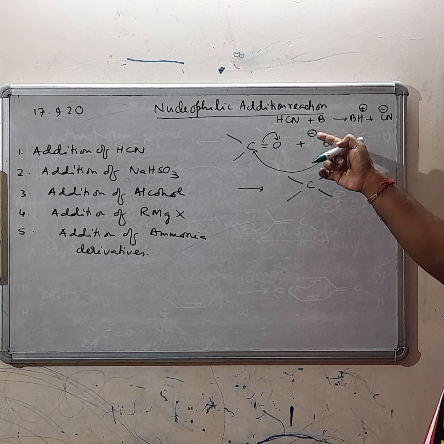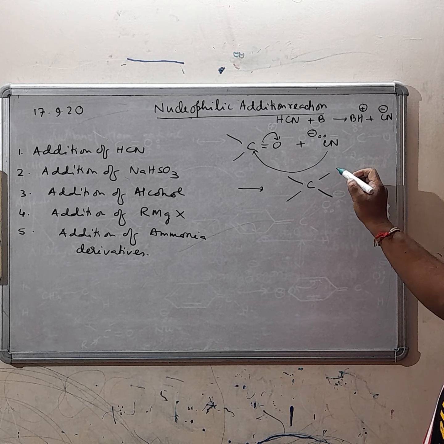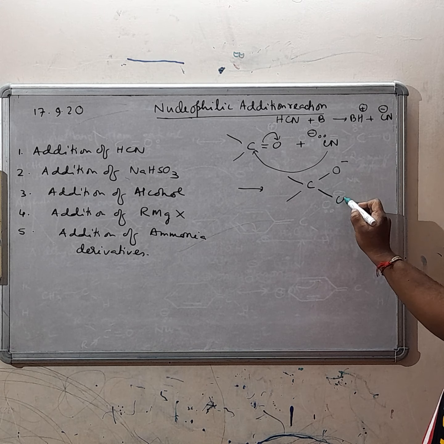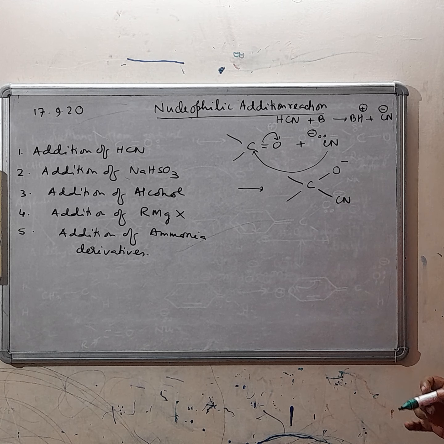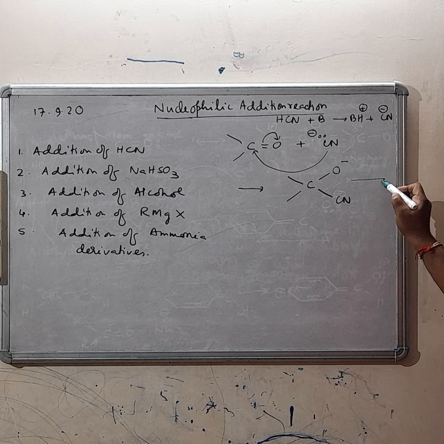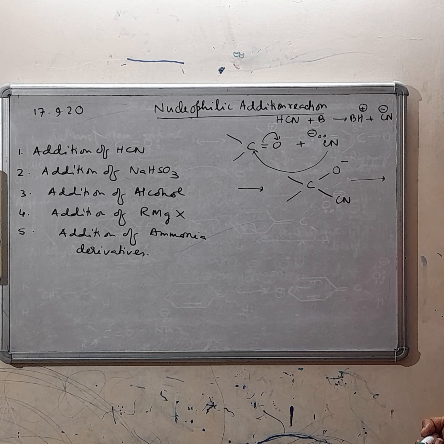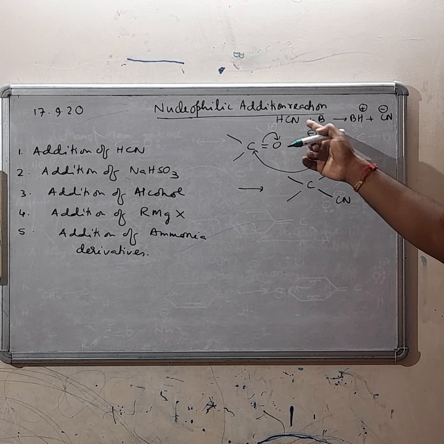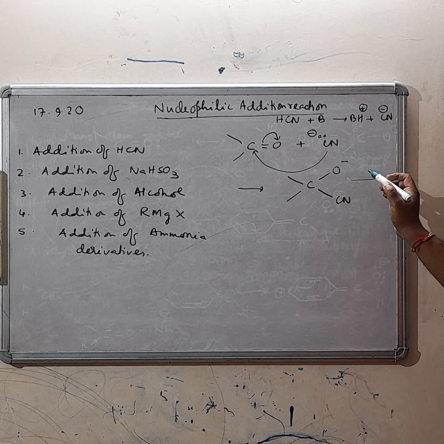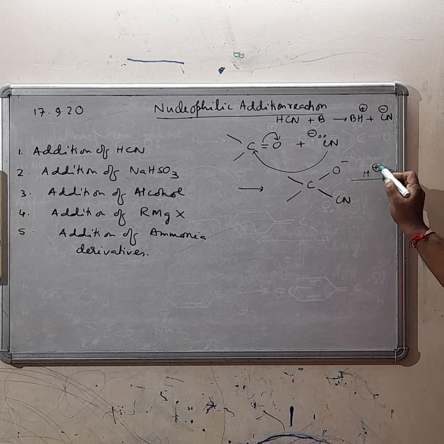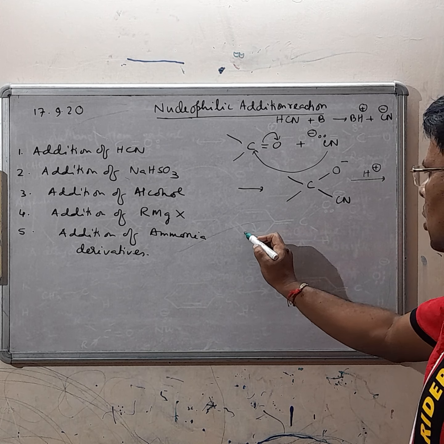In the next step, H plus will come. I am writing step by step. H plus can come from the solvent water or it can come from HCl, and it forms this.